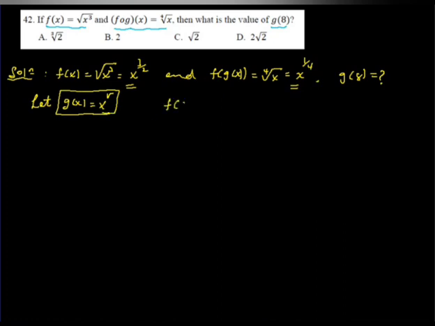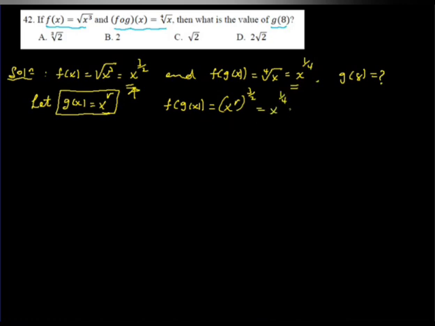F of g of x means we substitute g in f. So it becomes (x to the power of r) to the power of 3 over 2. The result becomes x to the power of 1 over 4.